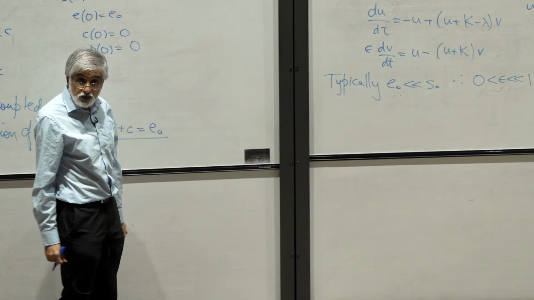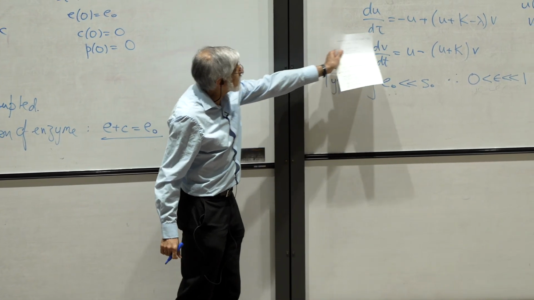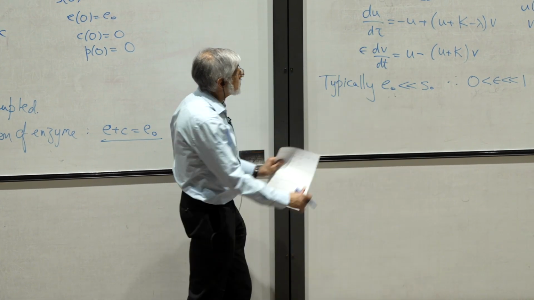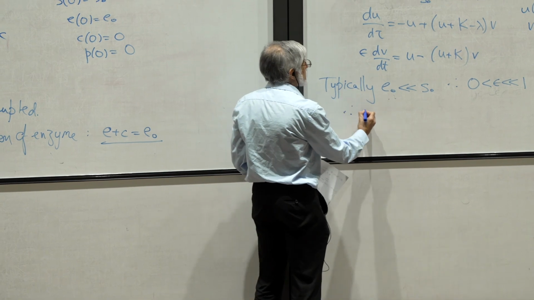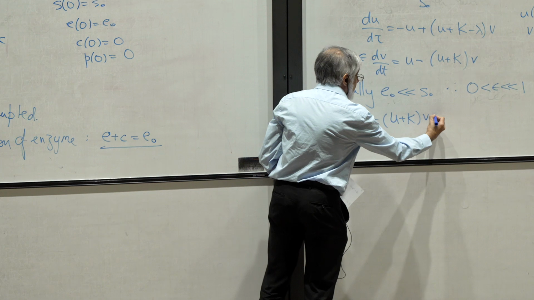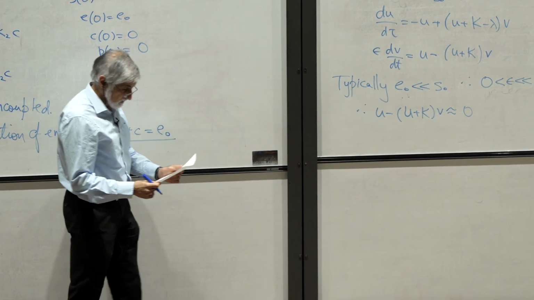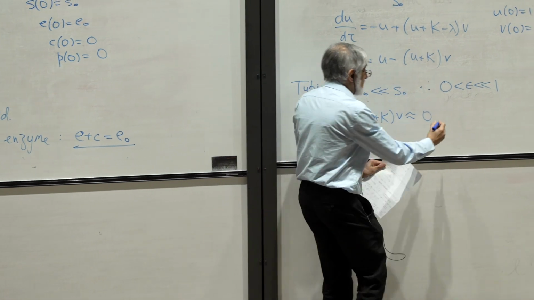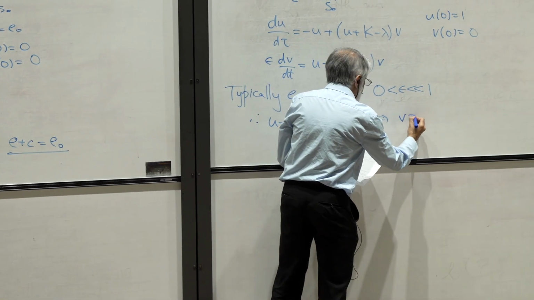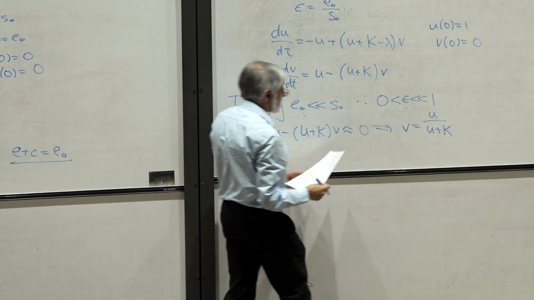So if epsilon is very small, let's put epsilon equal to 0. We can say that's approximately 0. And that gets you v is u over u plus k.